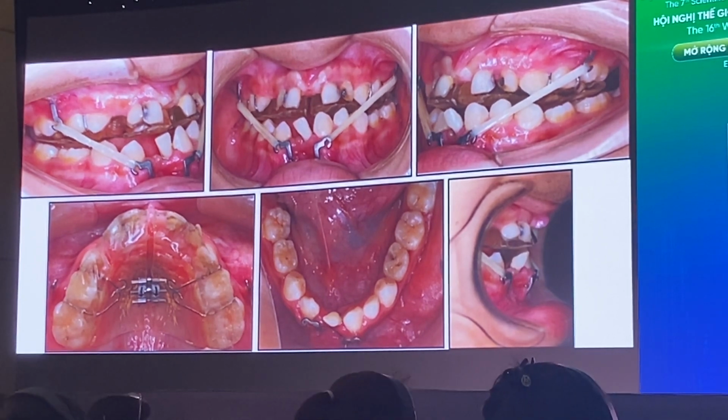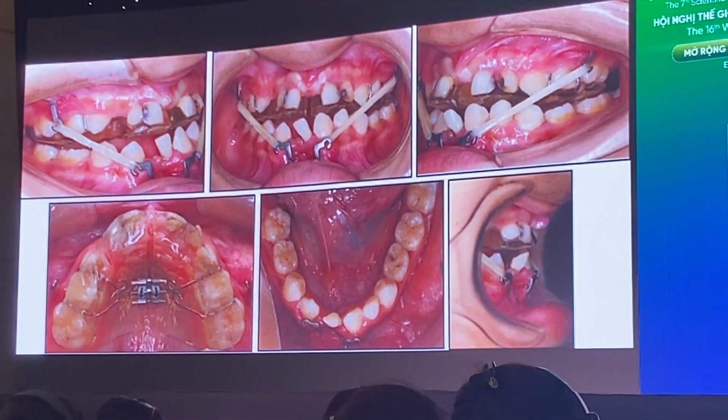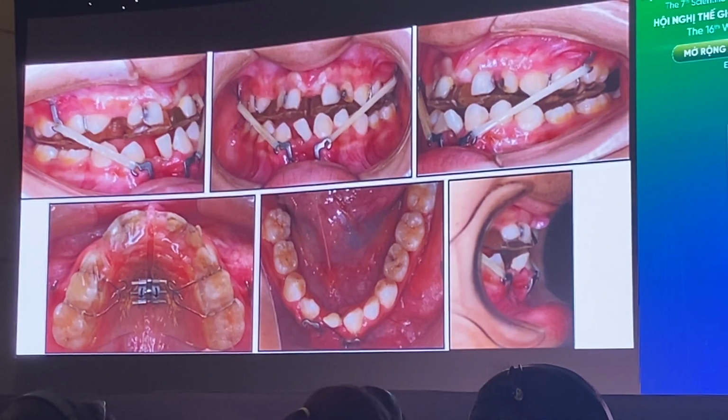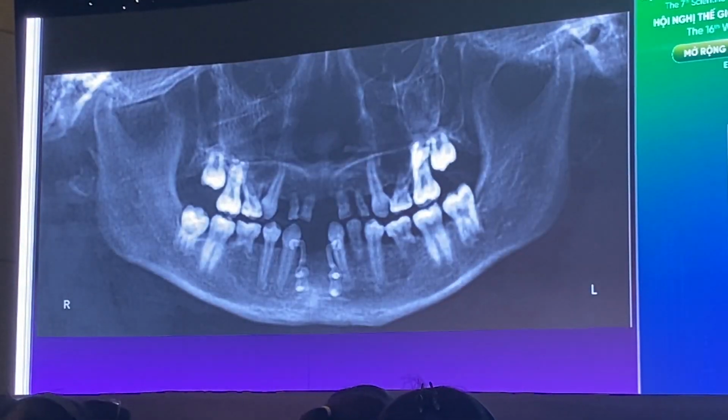So the patient wears the face mask at night for about 10 to 12 hours, and 16 ounces on each side. But you can offer the patient an alternative, all right? You wear it for 24 hours, and you don't need to wear the face mask, all right? So that's what we offer for this patient.